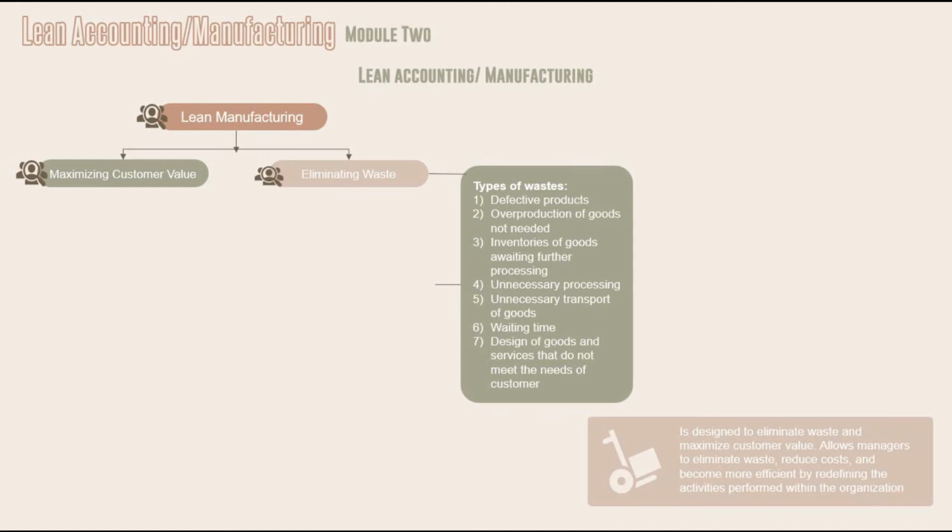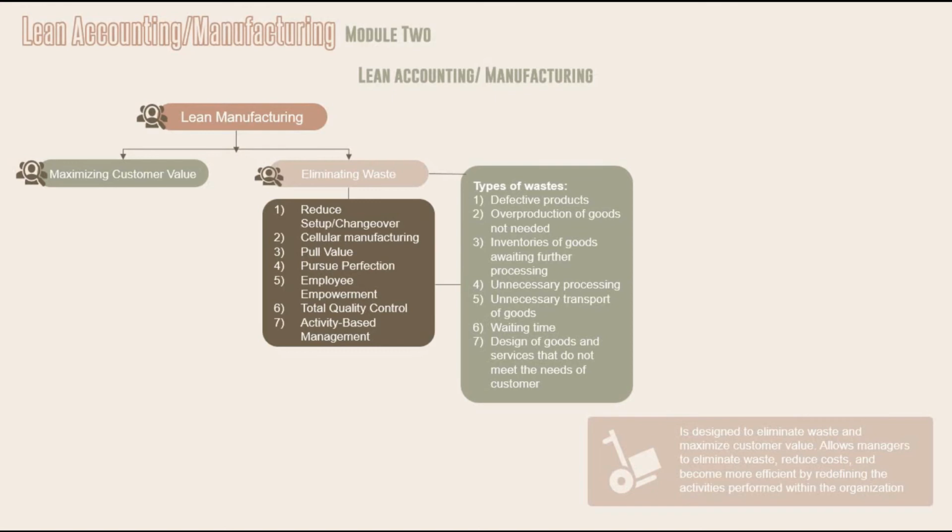Since it is important to eliminate all types of waste in companies that implement lean manufacturing, the following ways are followed or given emphasis to achieve this objective. First one is reducing setup or changeover. Second, cellular manufacturing. Third, pull value. Fourth, pursuing perfection.